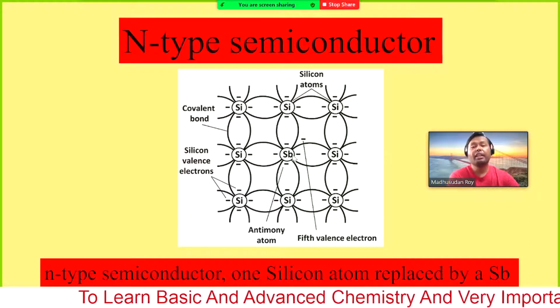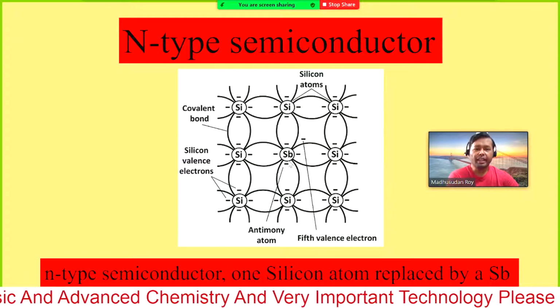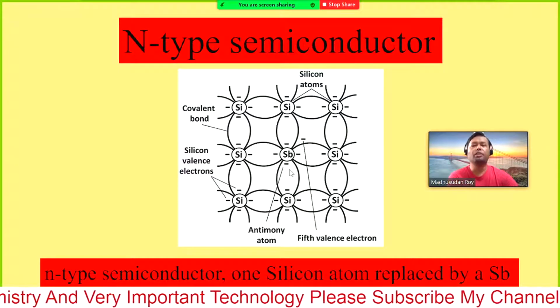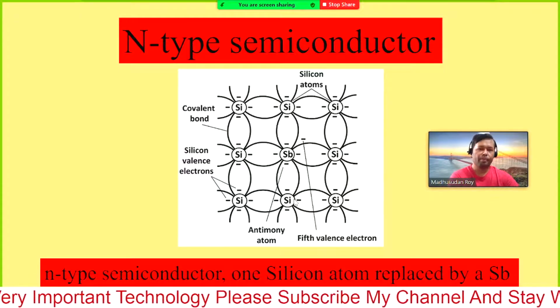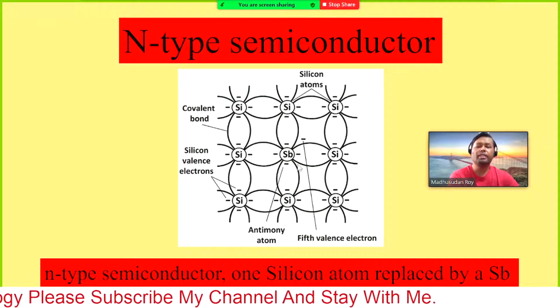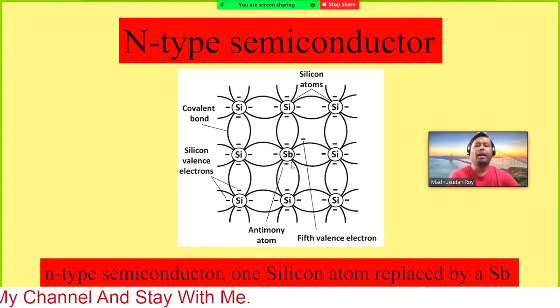However, antimony has 5 electrons. So that extra electron cannot be shared with any other silicon. Therefore, that extra electron remains nearby, or it is a free electron, and that can move around the crystal.